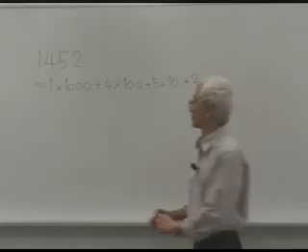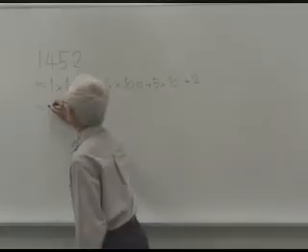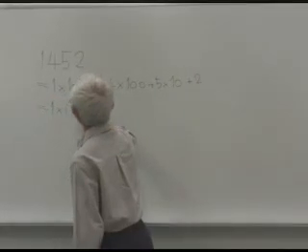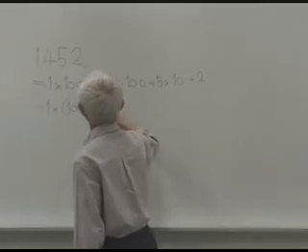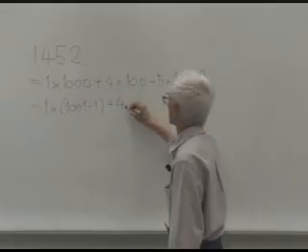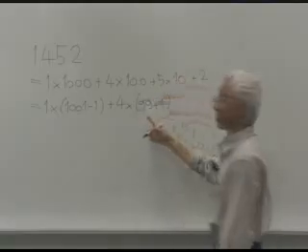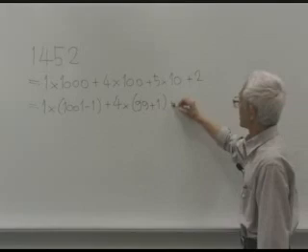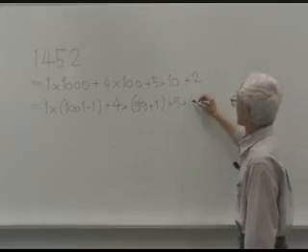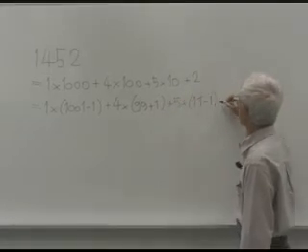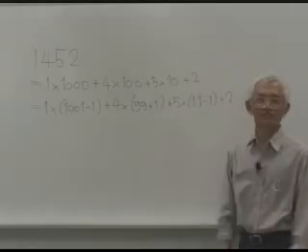Let us do that. So then this is equal to 1 times 1,001 minus 1 plus 4 times 99 plus 1. This we have done before. And then 5 times 11 minus 1 and plus 2.